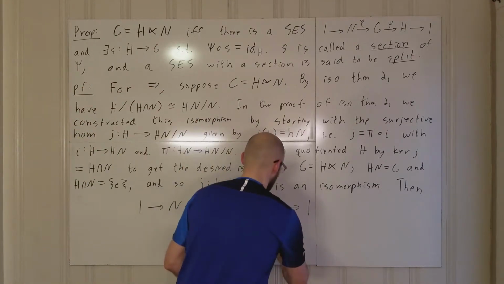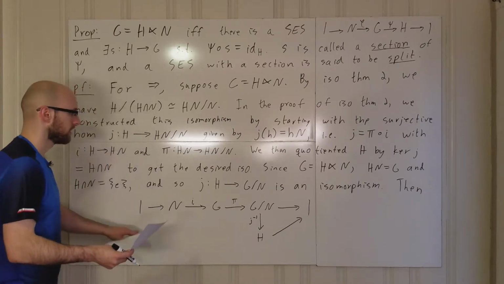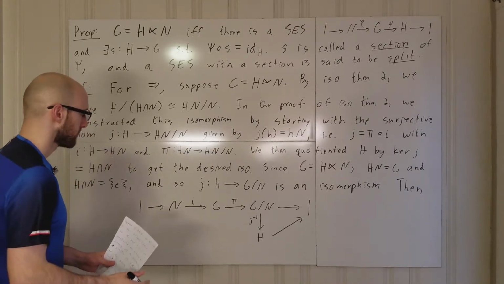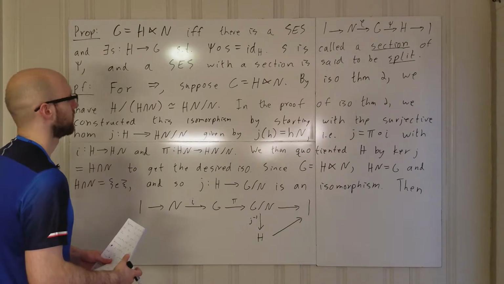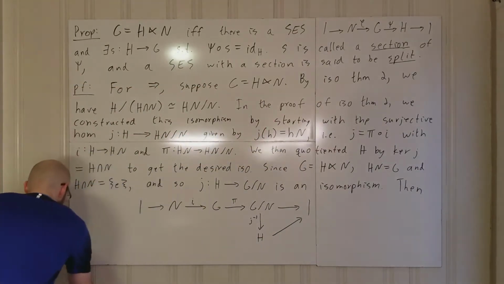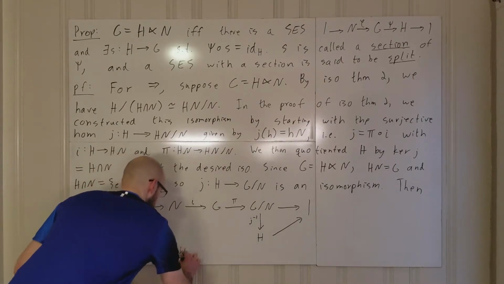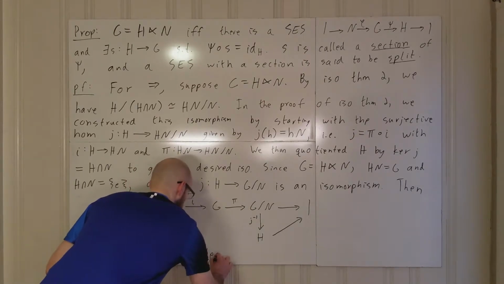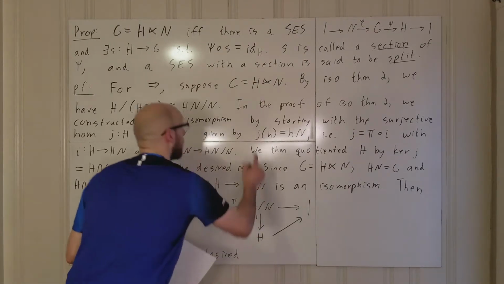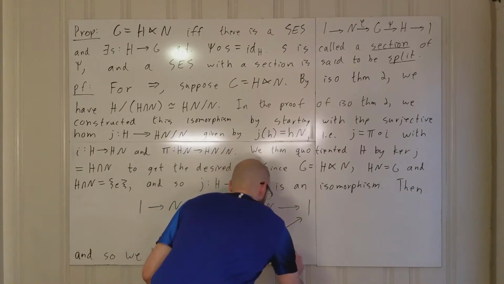And then, of course, from H, we can just map into 1 in the natural way. And so we have the desired short exact sequence.